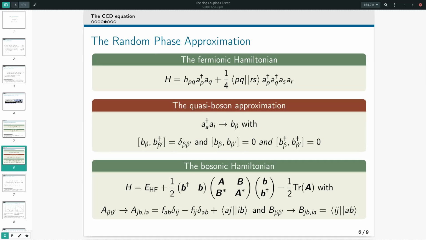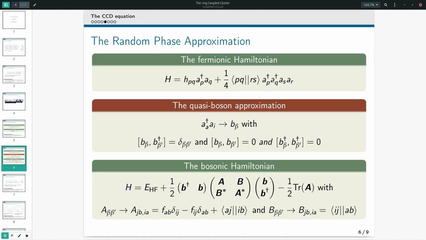And in fact, it is known that when the particle-hole RPA is unstable, it is due to an instability of the Hartree-Fock reference, which becomes another Hartree-Fock reference. So there is an instability in the particle-hole RPA.